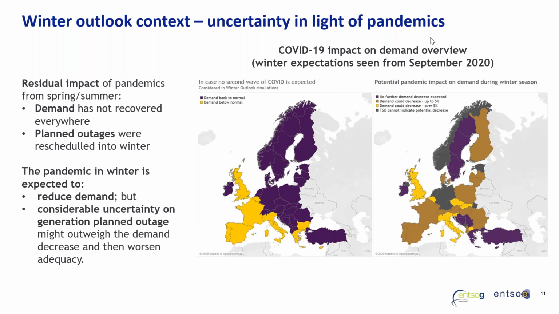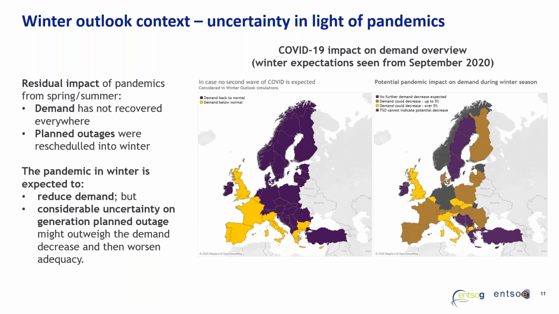Yes, a very relevant question. It is more explicitly written in the report, but I will try to brief it here. On the left-hand side, we see the information of demand for the coming winter if there would have been no further pandemic evolution. In other terms, it shows a sort of residual impact of the COVID-19 pandemic from spring and summer.